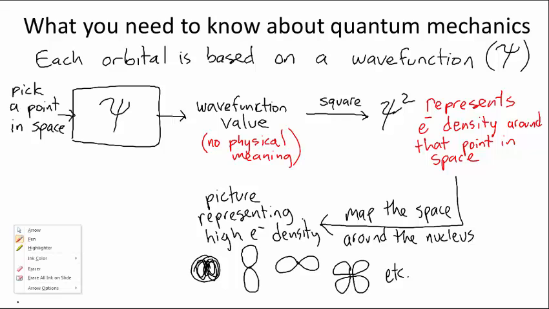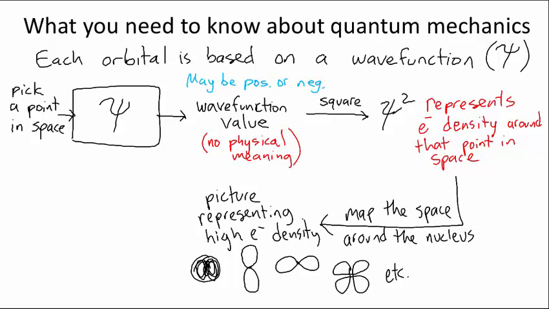So one thing to note is that the wave function value itself may be positive or negative. When you then square it, what is always true about psi squared? It's always positive.